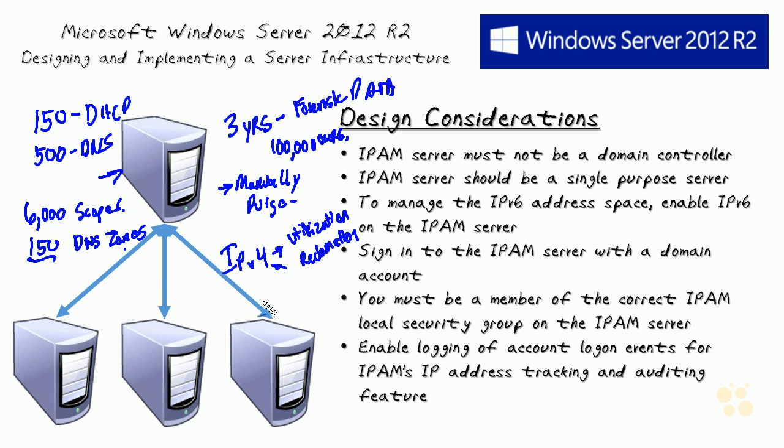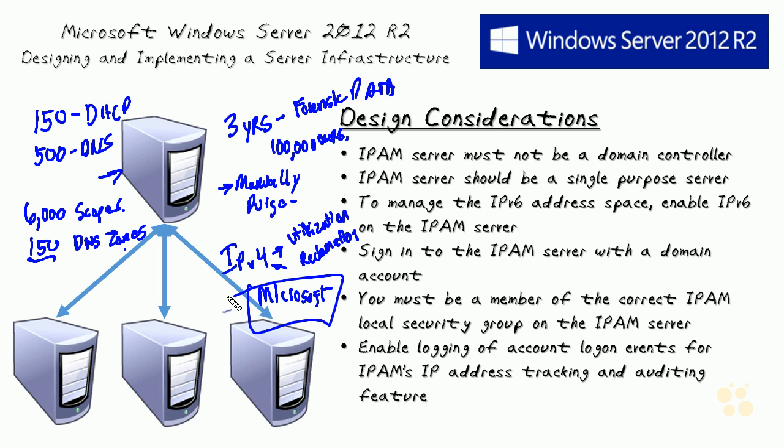And this is, by the way, you can only do this on Microsoft products. So Microsoft DHCP, Microsoft DNS, this is not going to be able to control non-Microsoft products, okay? So just some things to think about as you are designing your server infrastructure when it comes to IPAM.